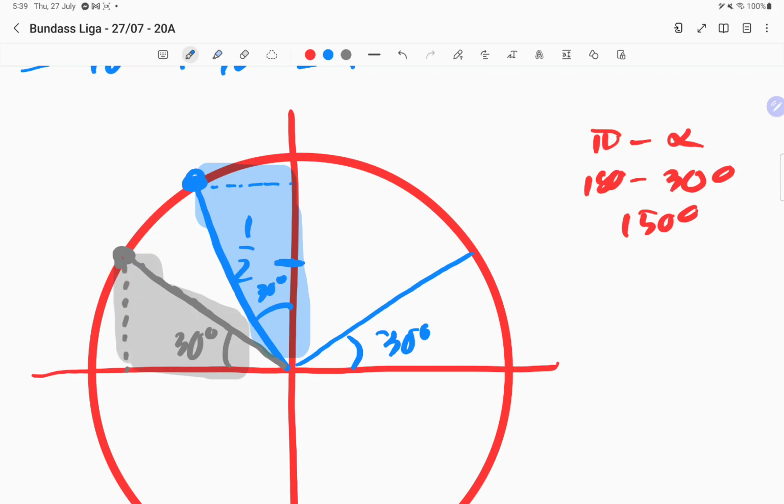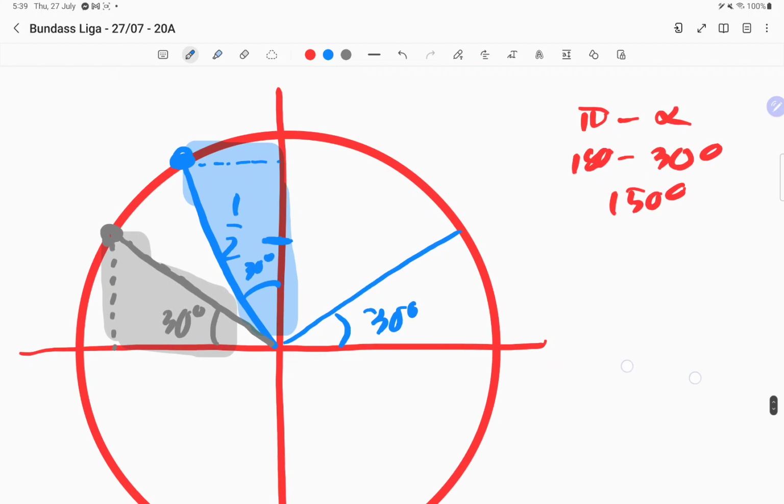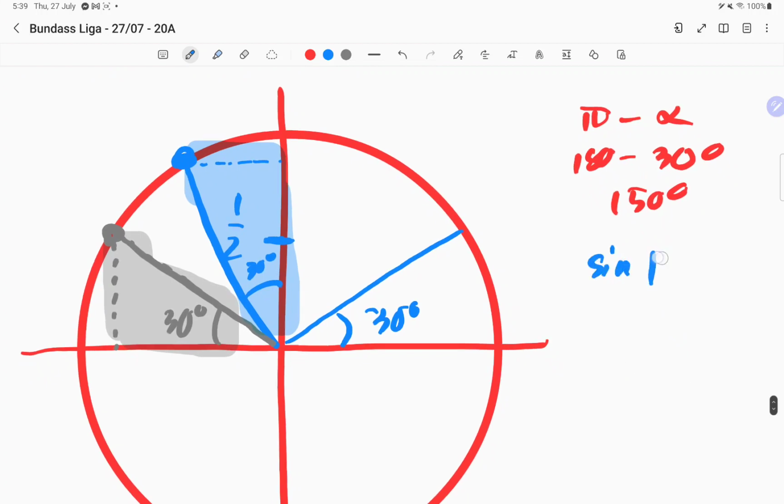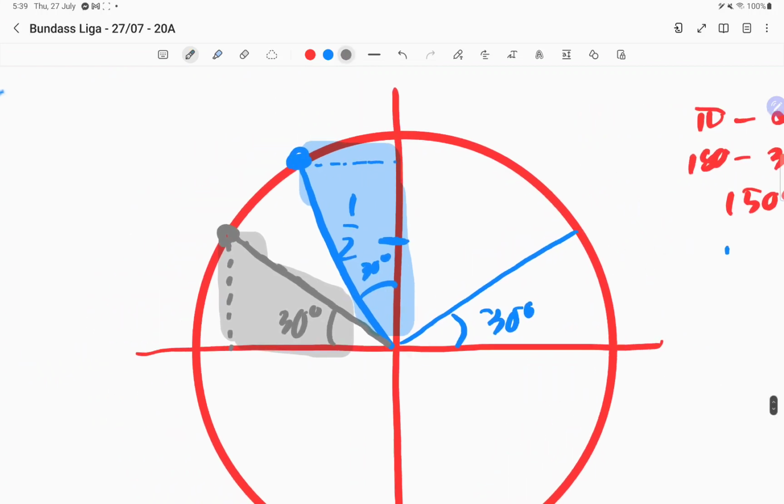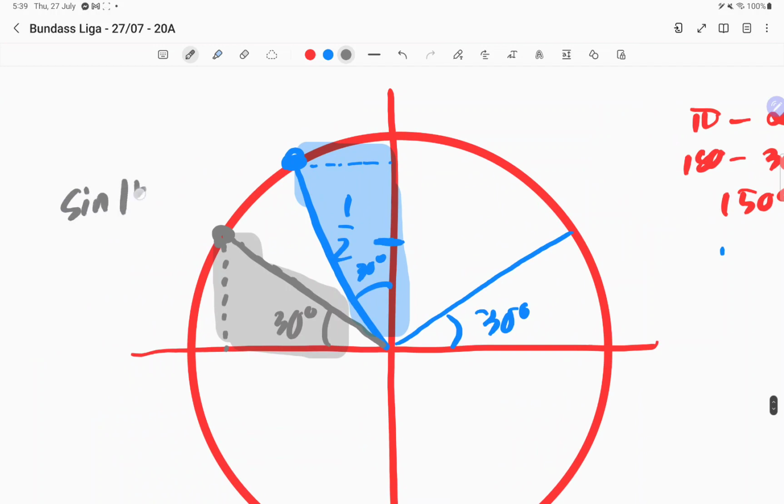And because of that, what is sine of 150 degrees, the gray one here? It is just a half, yes.